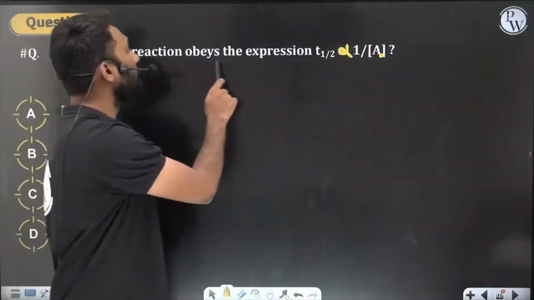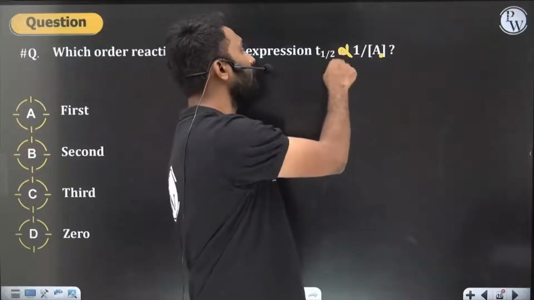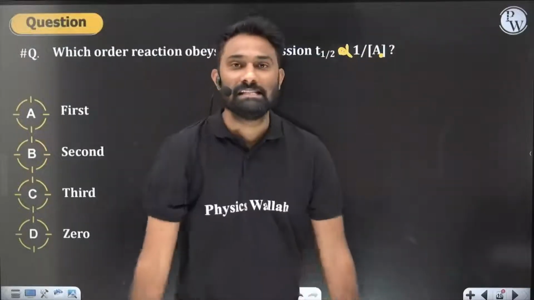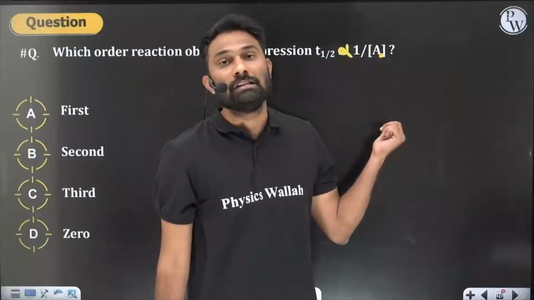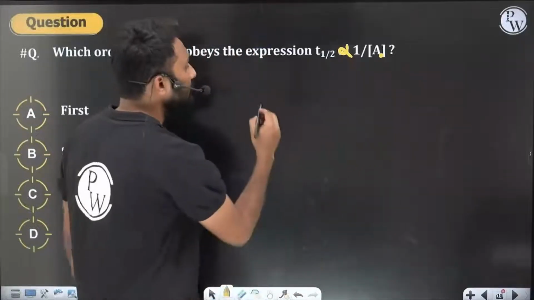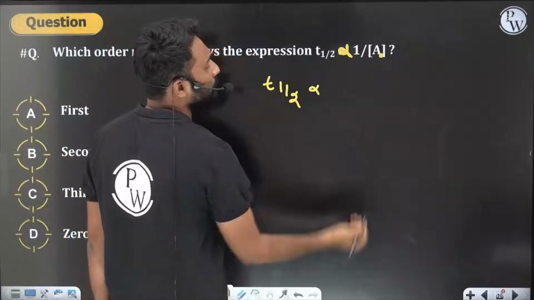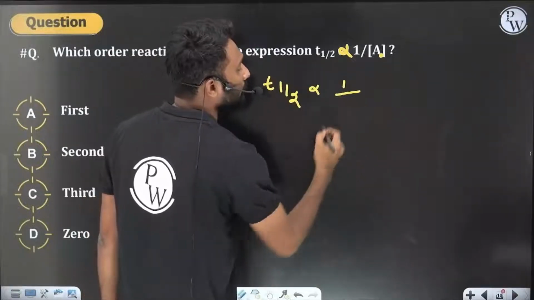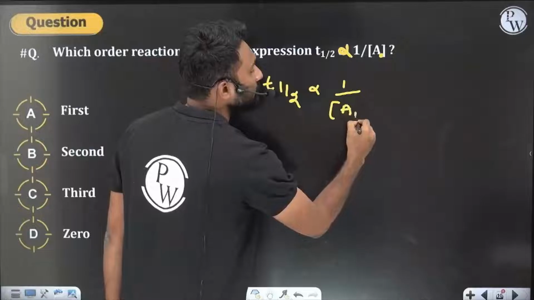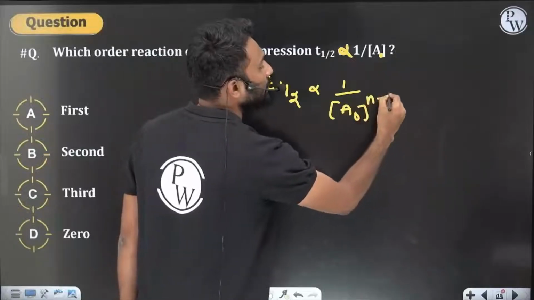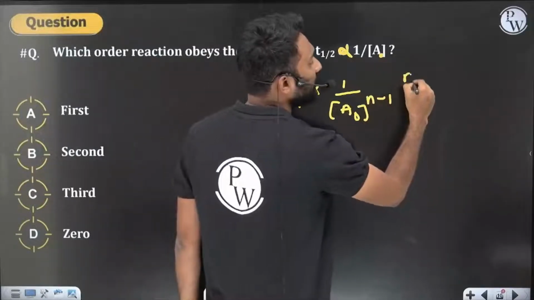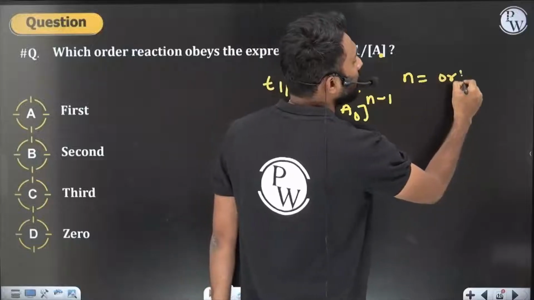Which order of the reaction obeys the expression t half is inversely proportional to the initial concentration? To solve this question, I will give you one general expression: t half is proportional to 1 by initial concentration raised to the power n minus 1, where n is the order of the reaction.